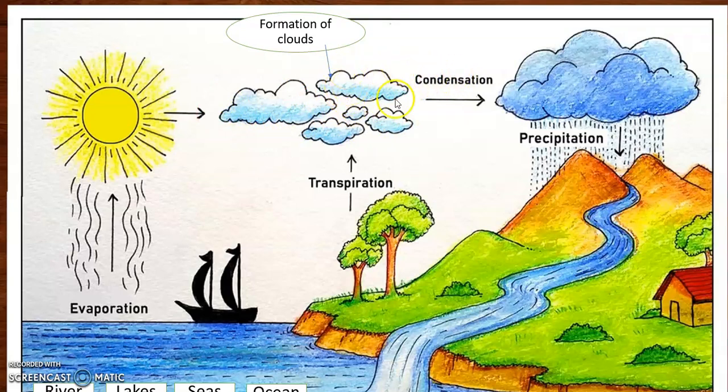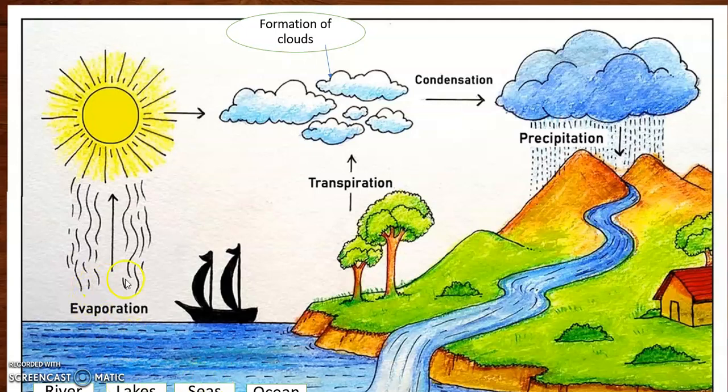Then after condensation, the clouds become bigger and heavier. When they are too heavy, the water falls down as rain. This process is precipitation. Then it comes back again to the river, lake, seas, or ocean.